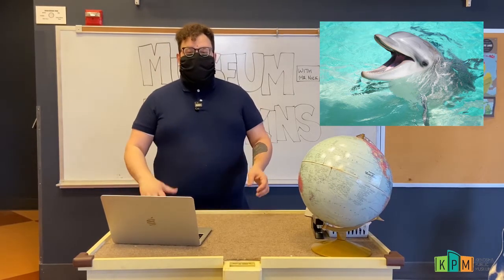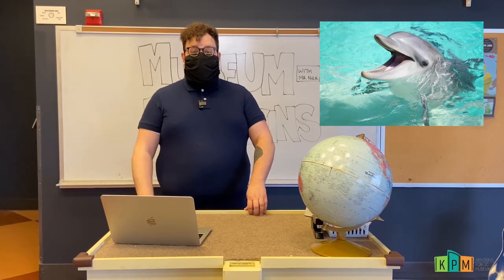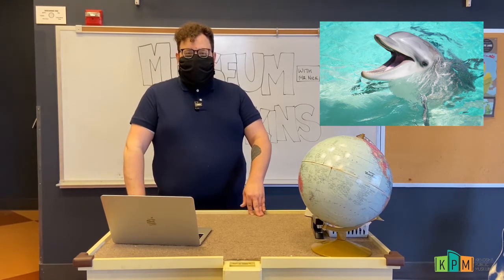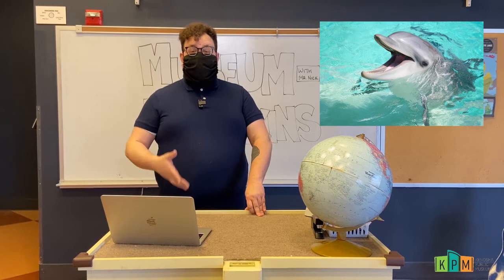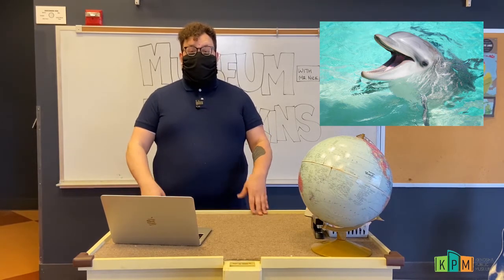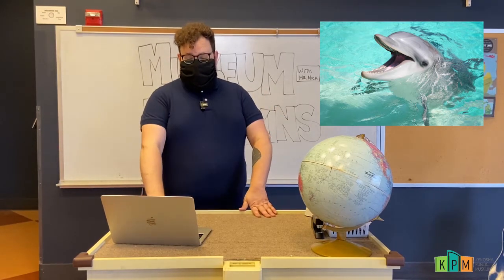And they are very social animals, and they often live in a pod of other dolphins, usually from around 12 to 15 other dolphins, but sometimes if there's lots and lots of food, dolphins can live in groups, in pods of up to 1,000 dolphins. That's a ton of dolphins in just one area.